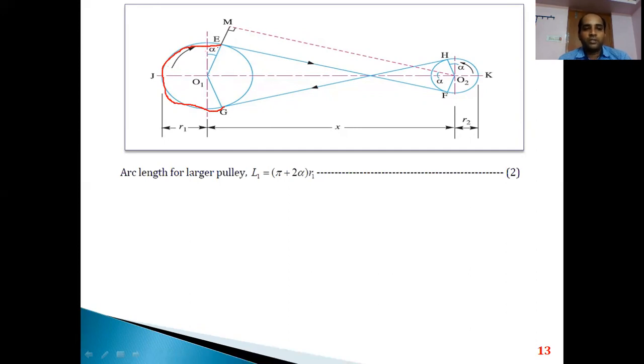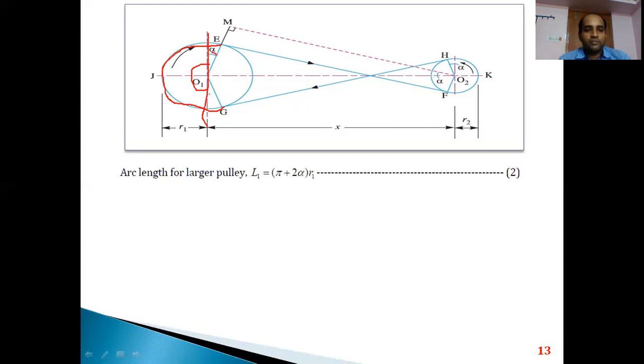According to this, the arc length for the larger pulley, that is the length L1, is written as follows. If you observe from point E to this vertical line, this is 180 degrees. Again, we have some angle alpha.